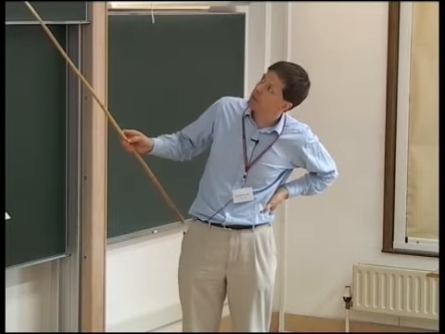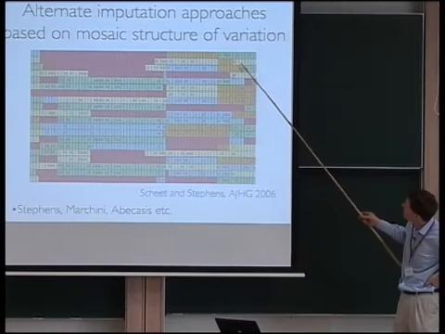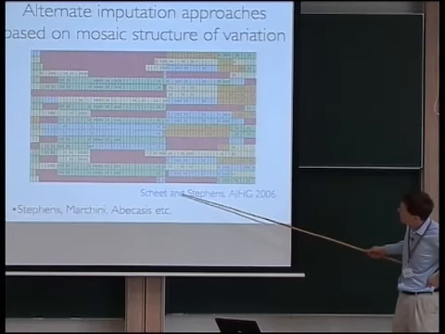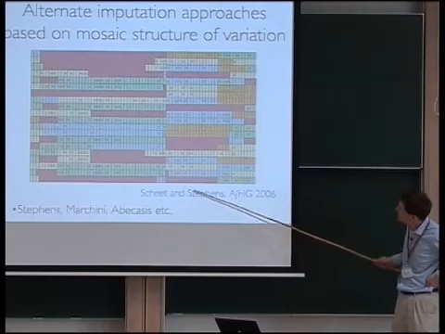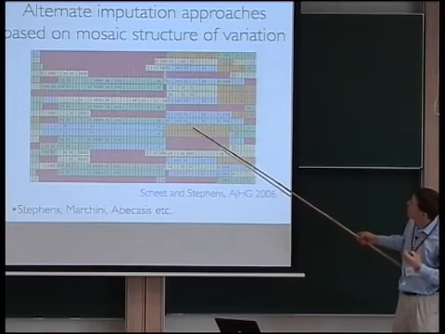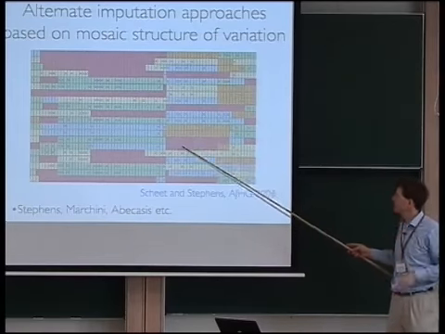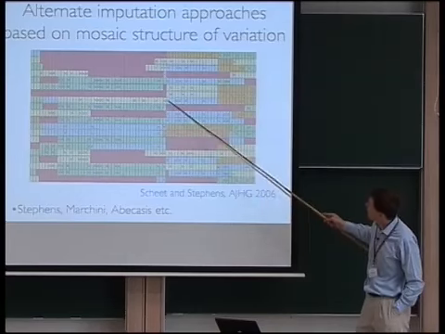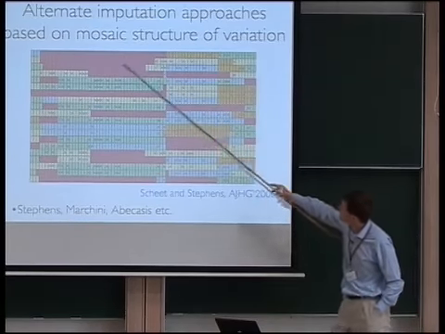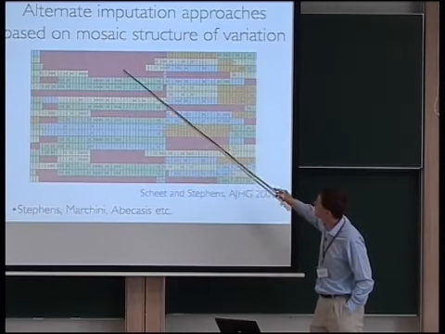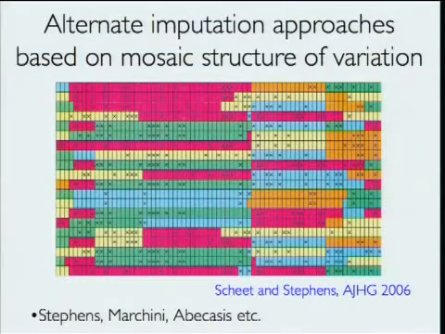There are other methods that also use the shared genetic structure. This is a picture from a paper by Scheet and Stephens. There's a variety of methods. So what happens with these ancestral structures is that you tend to have a mosaic structure to the genome. These are a set of individuals, and the different colors indicate that in this region, all the ones that are pink share ancestry, or share pretty much the same sequence, and the ones that are green, and then as you move along, you get points where things flip over.